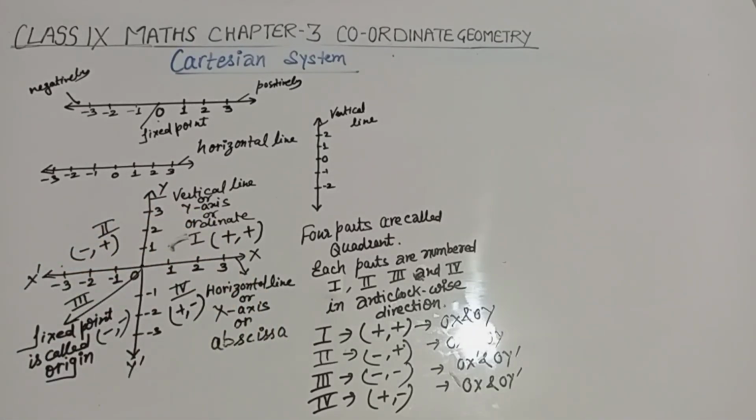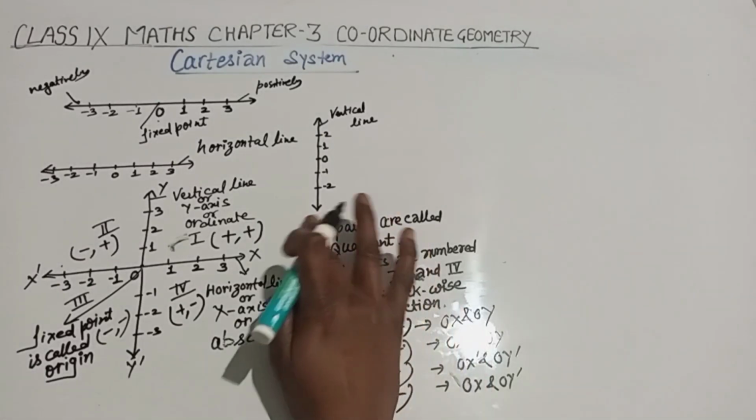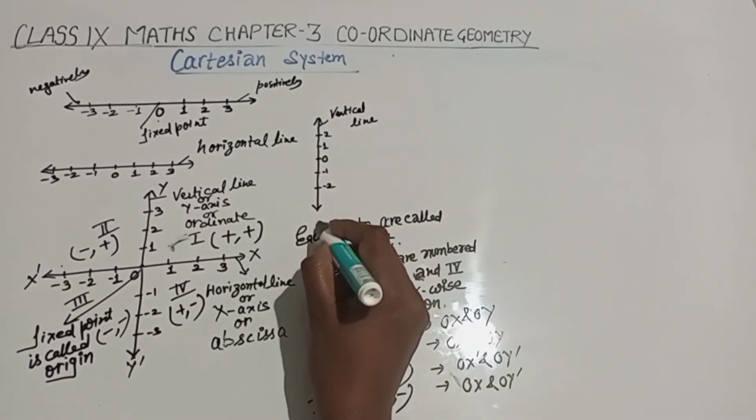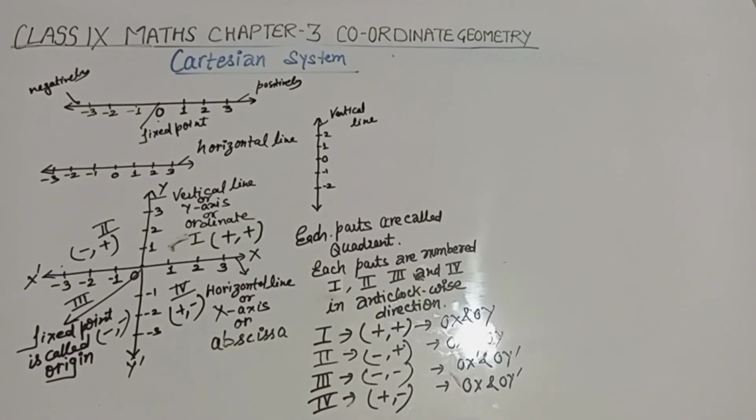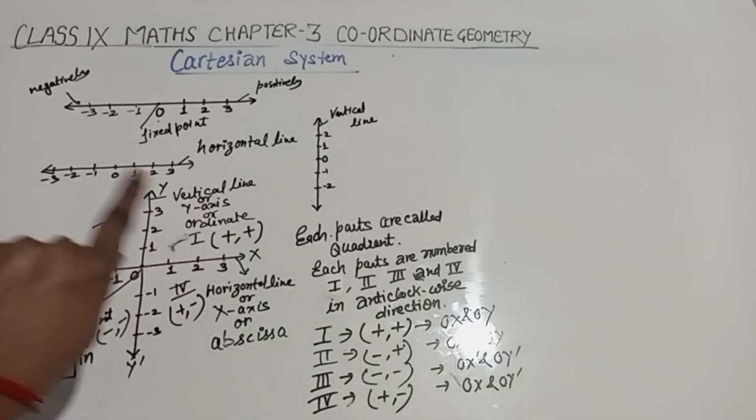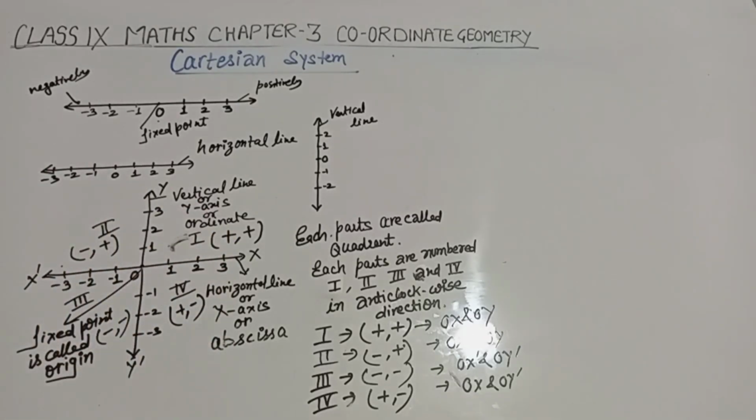Each part is called a quadrant, and each quadrant is named first, second, third, fourth, going anti-clockwise. Each quadrant has its own sign: the first quadrant is plus plus, the second quadrant minus plus, the third quadrant minus minus, and the fourth quadrant plus minus.